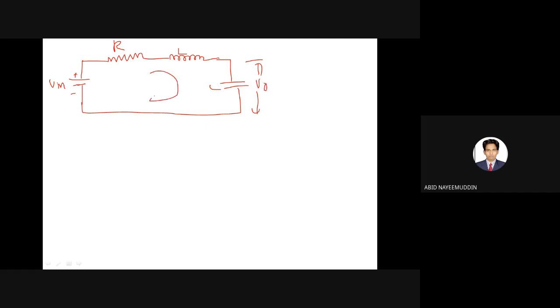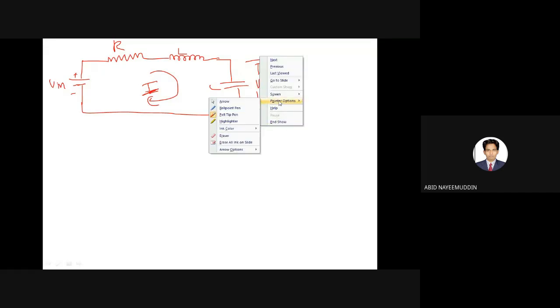So he has given it like this: V in, R, L and C, V naught, I. By observation there are three variables here, but actually there will be a number of variables.